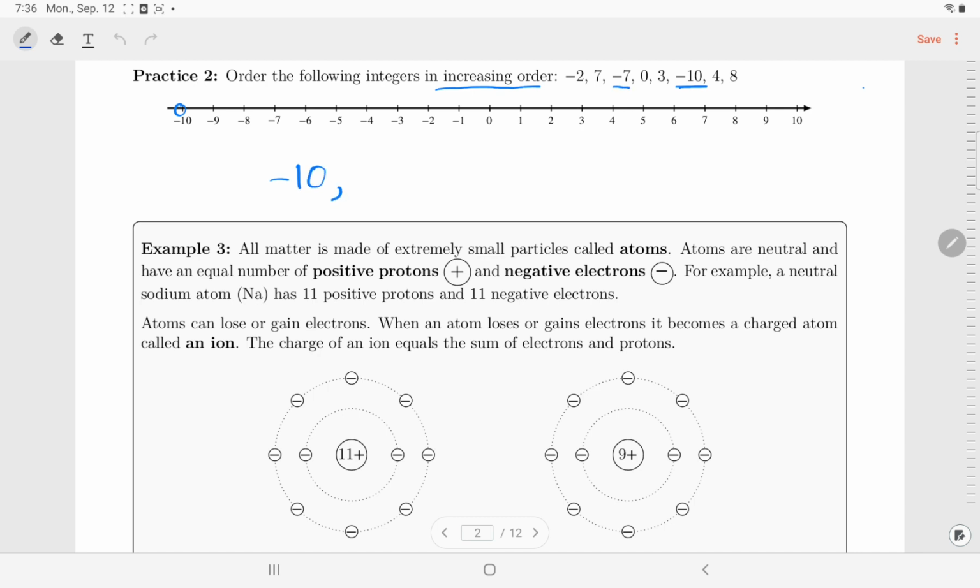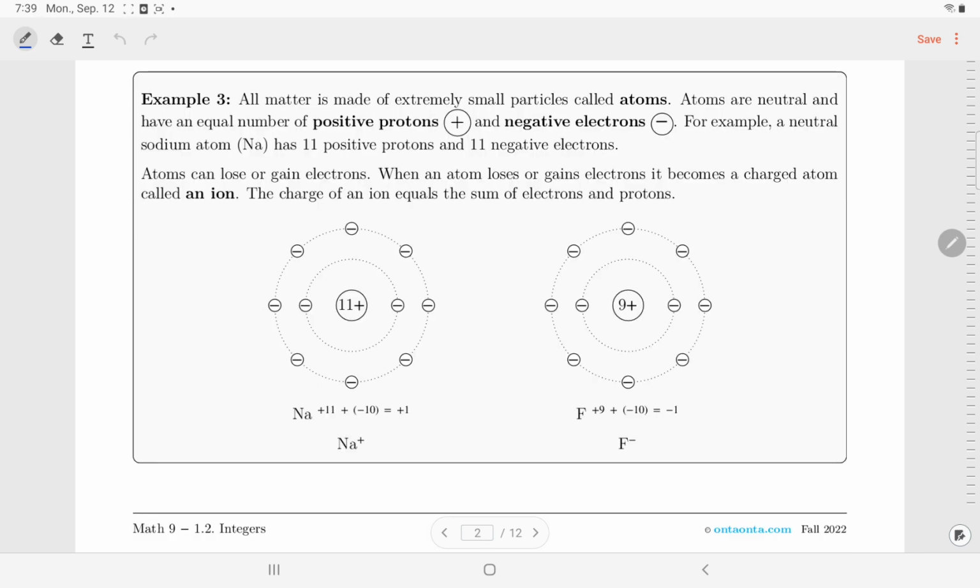Next, it's -7, -2, 0, 3, 4, 7, and 8. Always check that you used all the numbers.